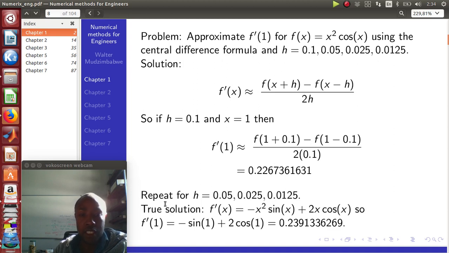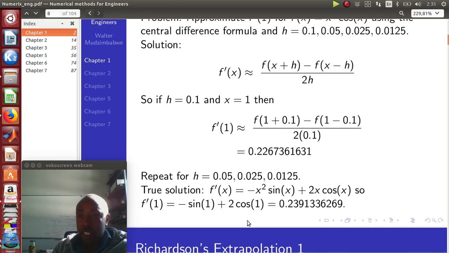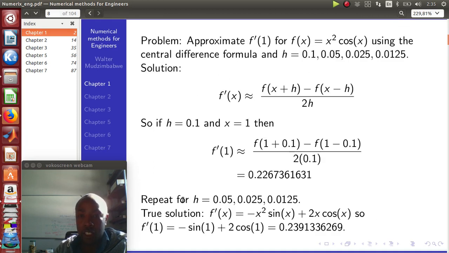You repeat this for different h's now. You make it smaller, you make it even smaller, you make it even smaller. So you are going to be changing this part, and this part, and then simplifying. To see that you are in the right direction, you would have to compare it with the true solution.